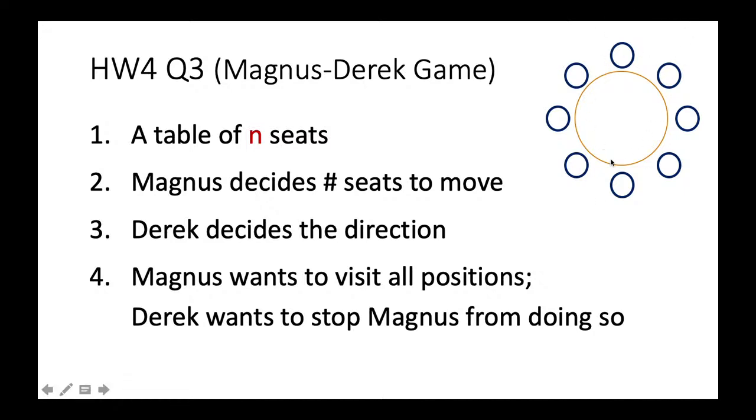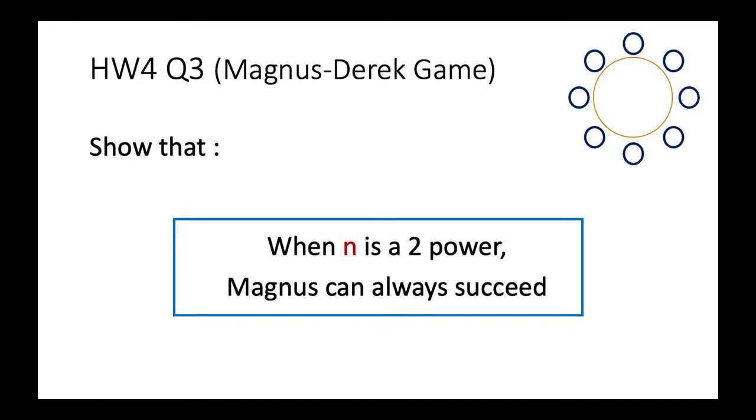But 4 in this example here is the same either way, so Magnus will now move to this location. And perhaps at the next step, Magnus specifies 2. So Derek either specifies clockwise, so that Magnus will now move to this location, or anti-clockwise, so that Magnus will now move to this location. We want to show that when n is a power of 2, then Magnus can always succeed in visiting all the positions around the table.